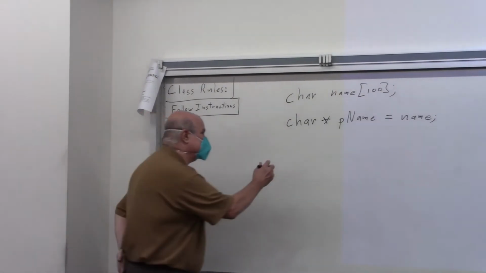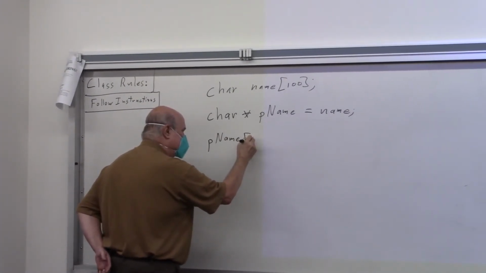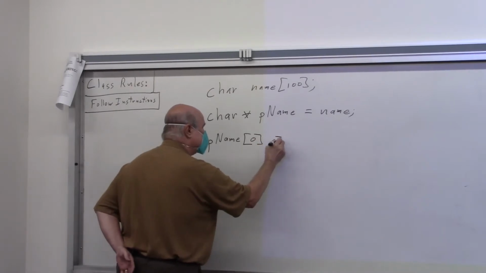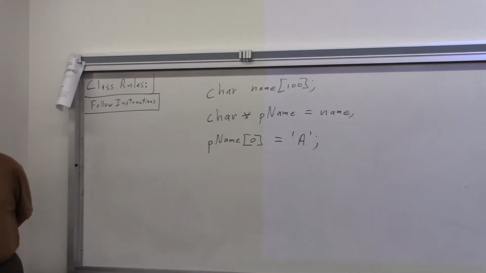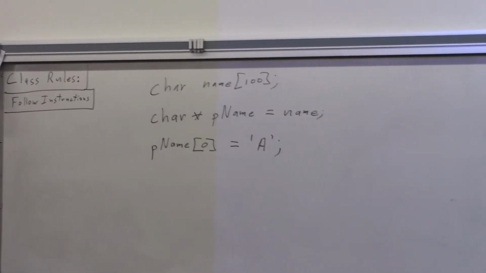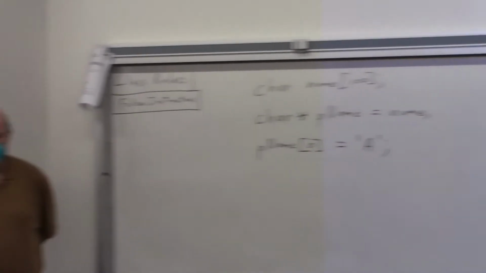Interestingly enough, a pointer you can index. If you index that pointer, as long as it's a pointer to an array. Actually, you can try to index any pointer, and the compiler will assume you know what you're doing in C, and go ahead and do it.